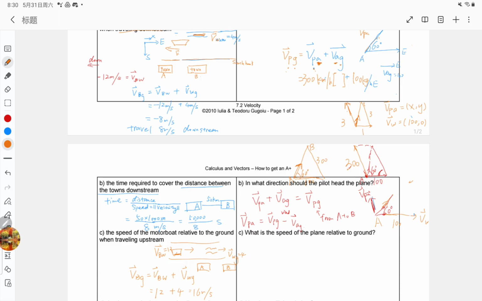And then summing up these two, VPA plus V wind is 100 plus X, or minus X. Oh no, plus X, okay, and then Y. So this is our result.